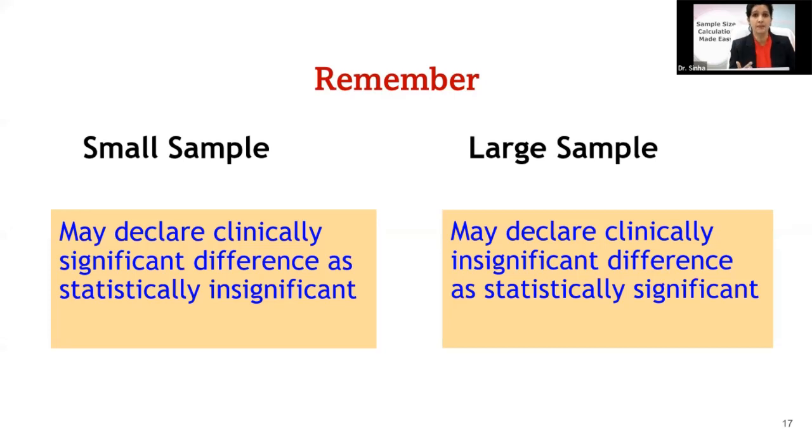So a large sample size again has a problem. It may declare a clinically insignificant difference as statistically significant. We will see it. Because if you increase the sample size, even a very small clinical difference of 4 or 5 will be highly statistically significant. The confidence interval will not include 0 or 1, or the p-value will be 0.001. So you will convey ultimately that it is highly statistically significant.